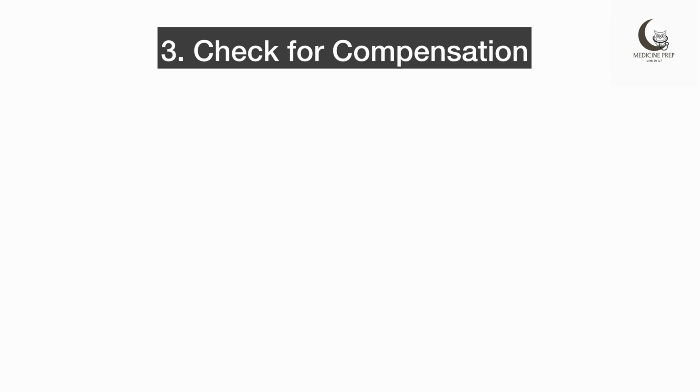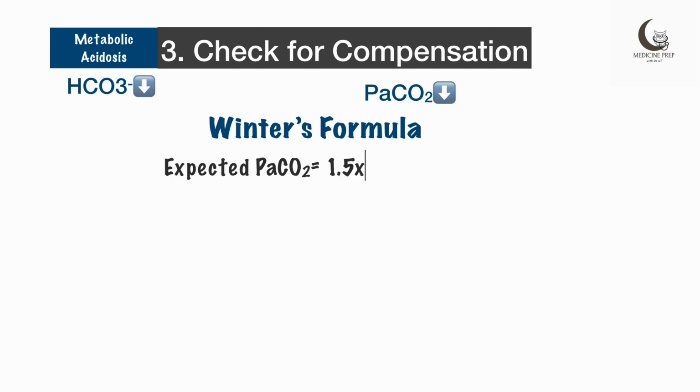Apply this algorithm to all the conditions, beginning with metabolic acidosis. So once we've identified low bicarbonate as the primary disorder, we need to check whether the lungs are compensating appropriately. For that, we use the Winter's formula to calculate the expected arterial carbon dioxide: 1.5 times bicarbonate plus 8, with an error of 2.